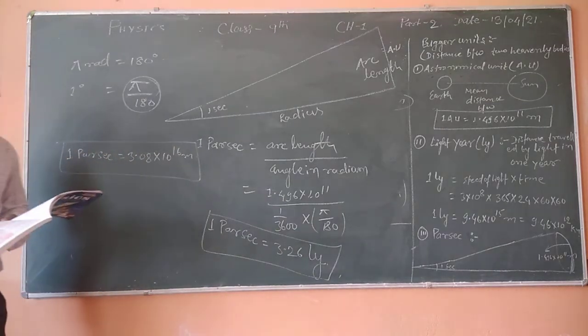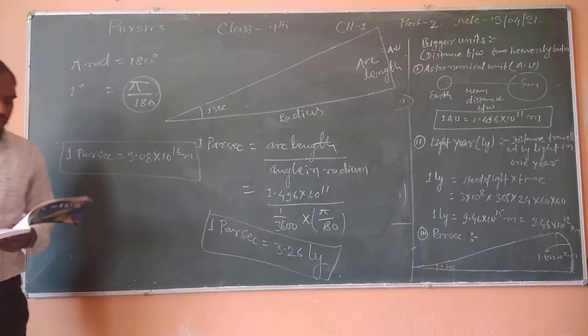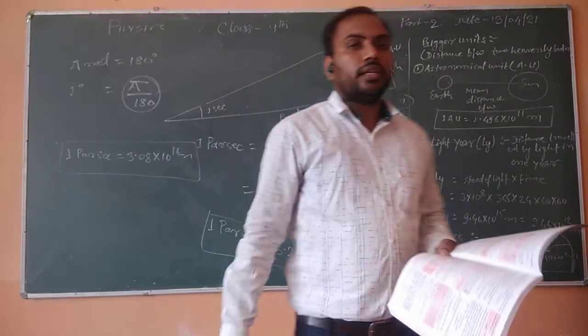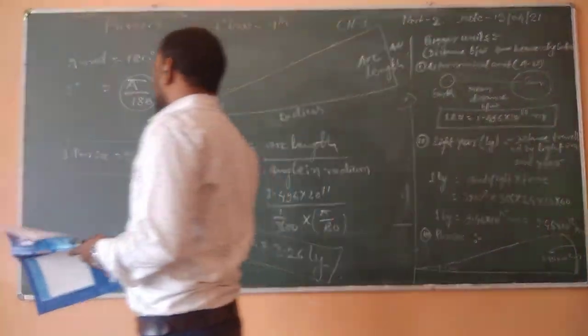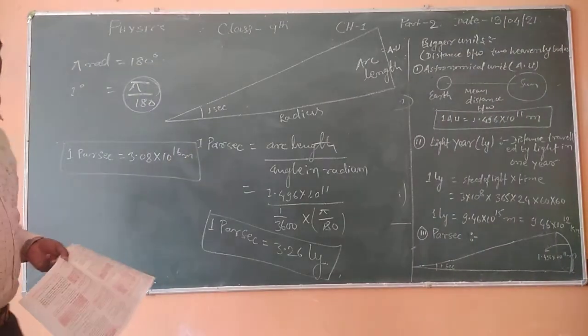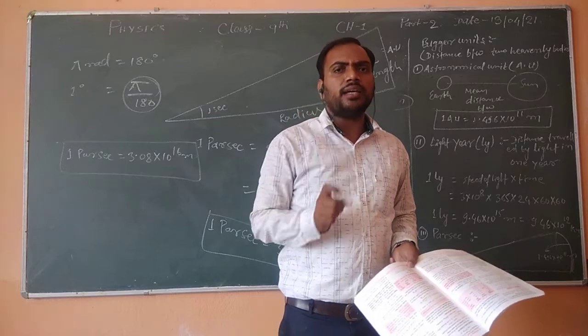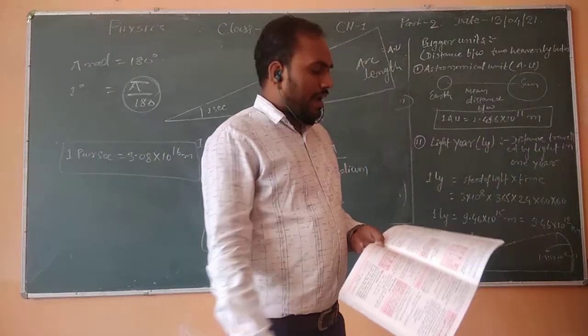There are 2 more units we will discuss, which are very small units: angstrom and Fermi. Fermi is used to measure the diameter of a nucleus; an atom's nucleus diameter is measured in Fermi.